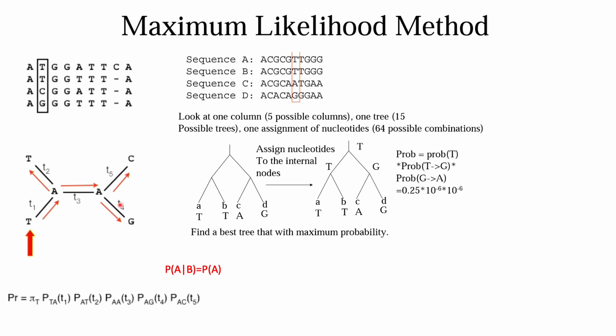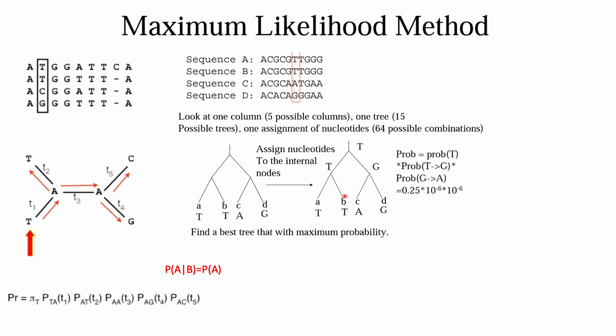So since it is assumed that the probability of a nucleotide occurring at a site is independent of the previous node, the conditional probability becomes P of A given B is equal to P of A. For example, here the probability of the occurrence of A given T at the previous node is just the value P of A, because A here is independent of T being here. So the likelihood of the whole tree would be the product of all these values of the transitions, and the tree with the highest likelihood value is the final tree.